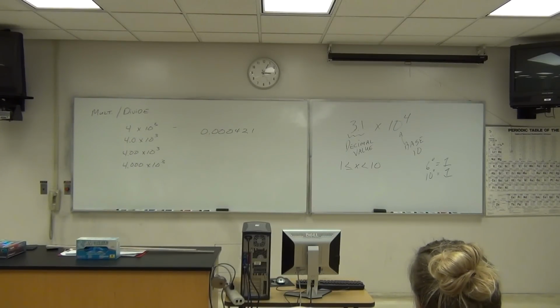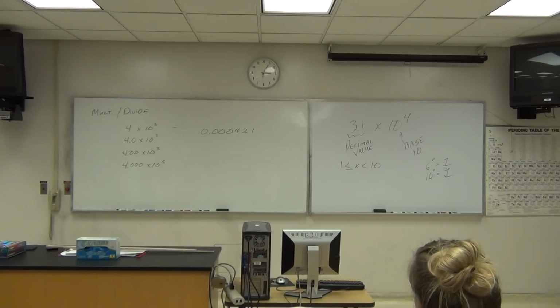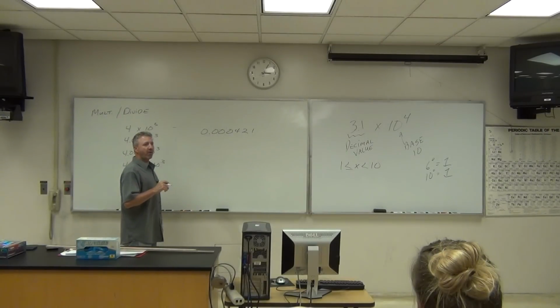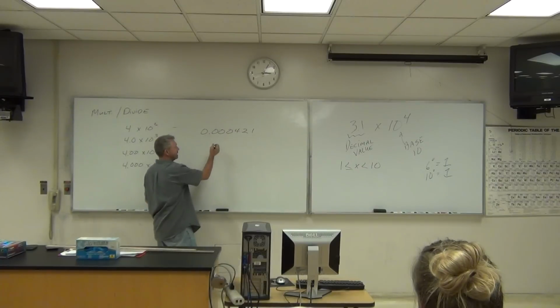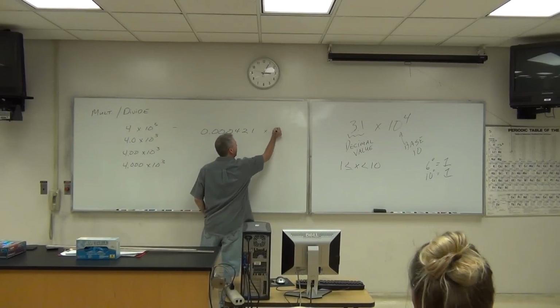What is that one? In significant digits. 4.21 times 10 to the negative 4. And then negative 4. I'm moving my decimal again, and you could set this up the same way, okay?